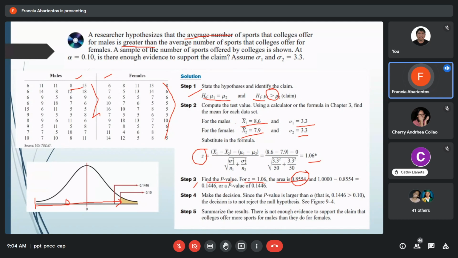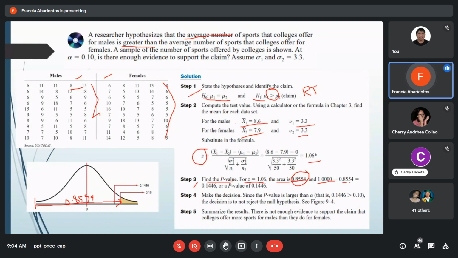Given sa atin is 0.8554. But take note, since this is a right-tailed test, ayan, dito na kayo malilito. Right-tailed test to class. In a right-tailed test, you need to subtract. Bakit 1? Ulitin ko ulit because the assumption, the area of the standard normal of a normally distributed is 1.